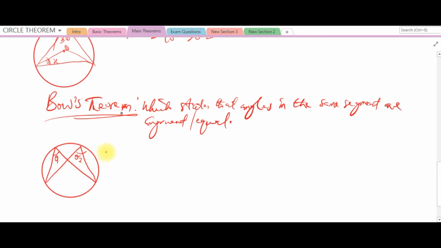So the theorem states that theta 1 equals theta 2. You can even state it as: the inscribed angles of the same intersected arc are congruent. If you notice, they have the common intersected arc, so they are equal.